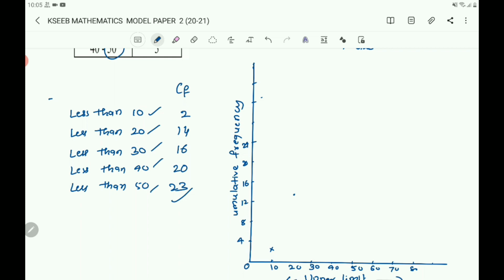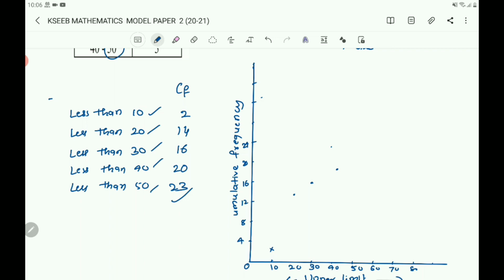The next point is 30, 16. 30, 16 means you go straight to 16. 16 comes here. Then 40, 20, go straight to 20. Next 24 also, 20 is here. 40, 20 comes here.